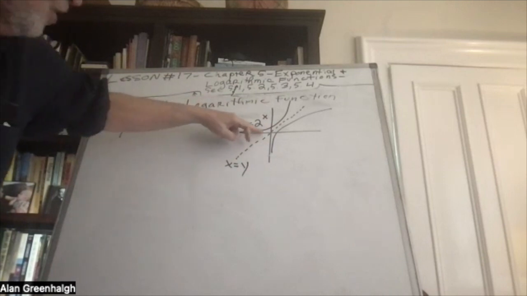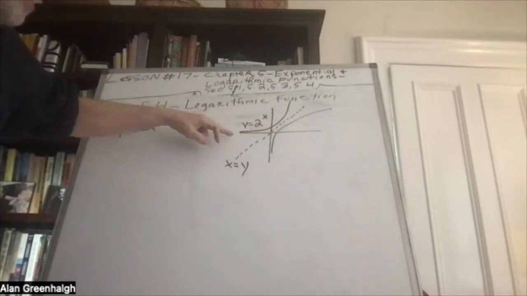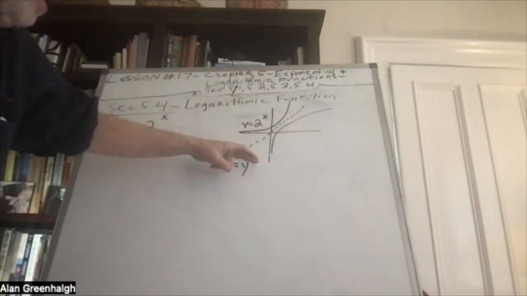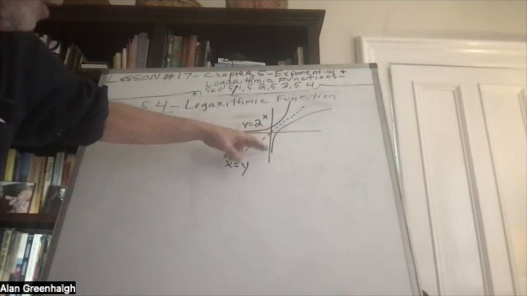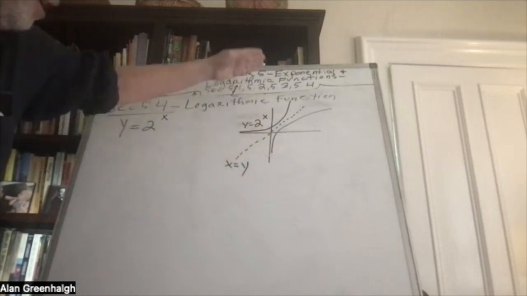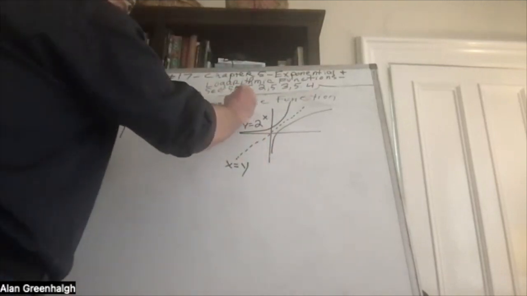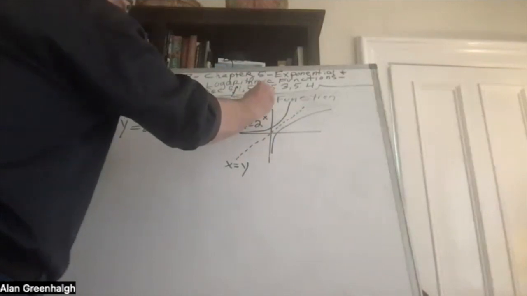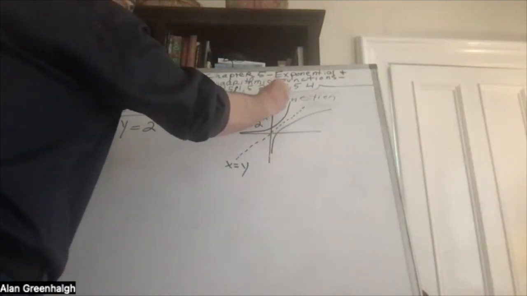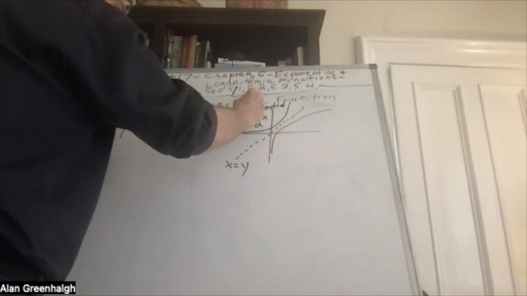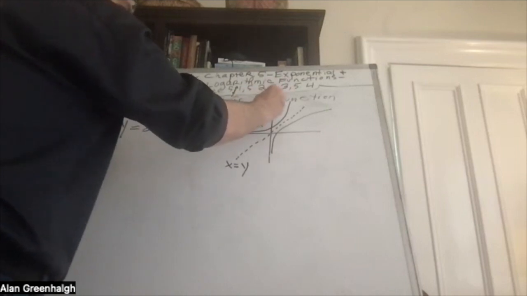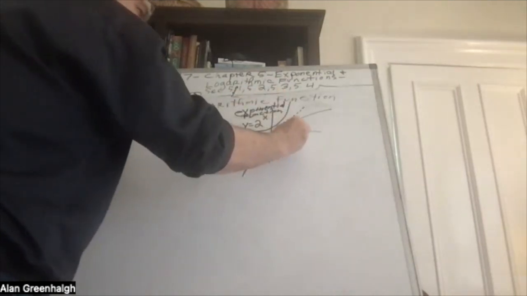The original function has a horizontal asymptote, but the logarithmic function has a vertical asymptote. You can see it's coming up that way and going off like that. So this is the exponential function. And this is the logarithmic function.